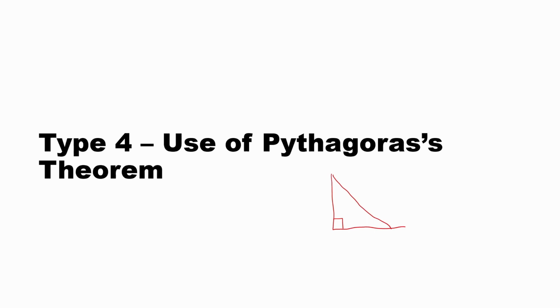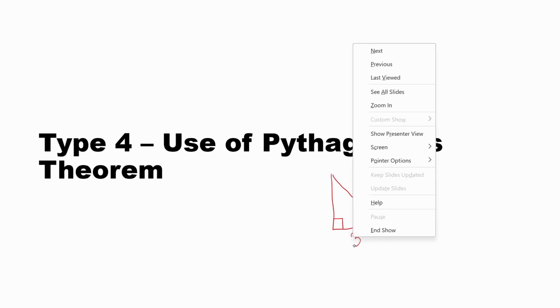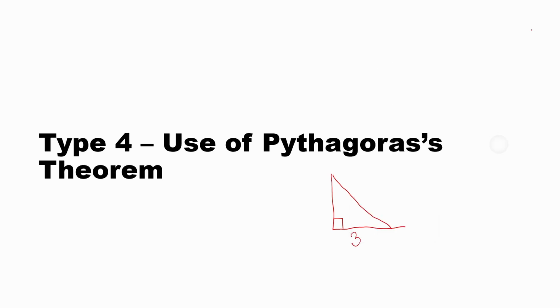So if this is 3 and this is 4, then this will be the square root of 3 square plus 4 square. So 3 square we know is 9, 4 square is 16, which is the under root of 25 or 5.